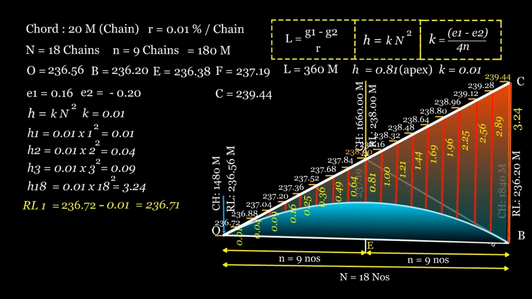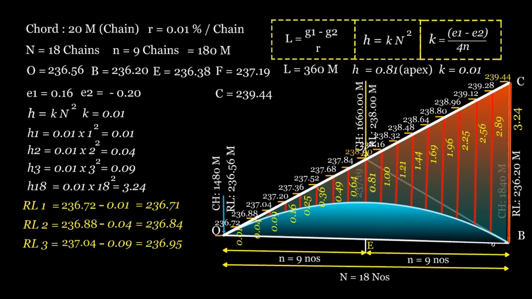Final RL for the second peg. 236.88 minus 0.04 equals 236.84 meters. Final RL for the third peg. 237.04 minus 0.09 equals 236.95 meters. Repeat the same process for all pegs until the 18th peg.